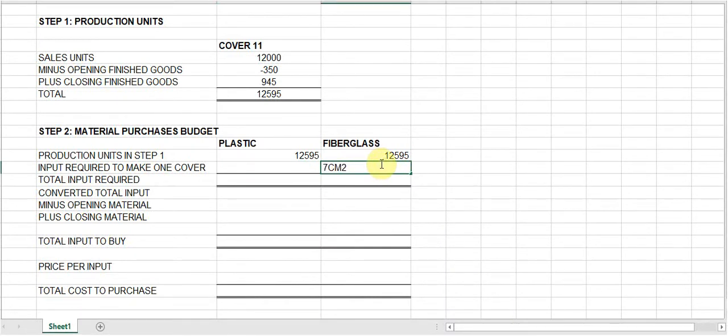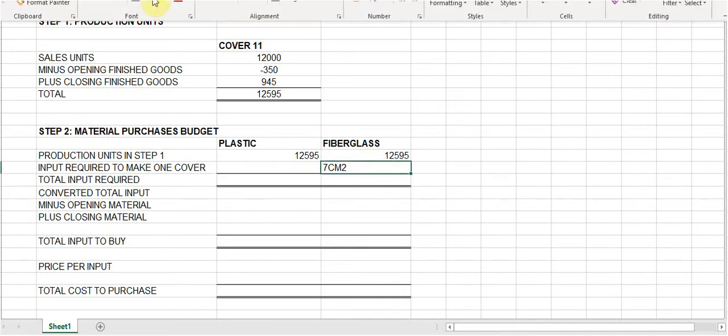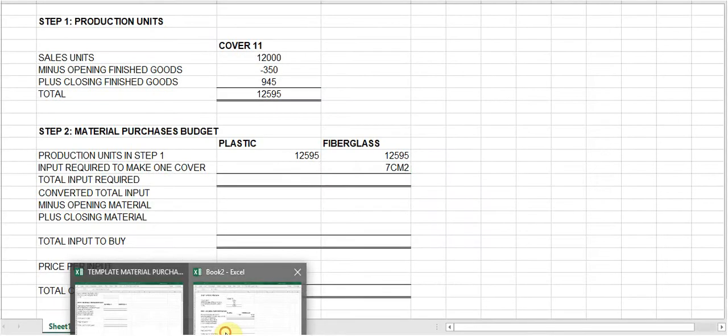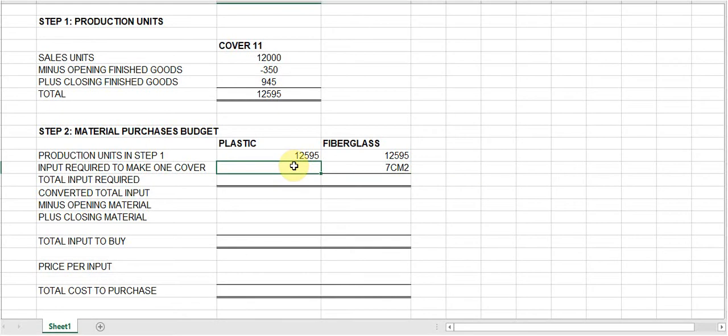I don't know how to type the square in Excel, so I am just going to type it as a 2. Please don't be confused, it's square centimeters. Then 15 square centimeters that are required.